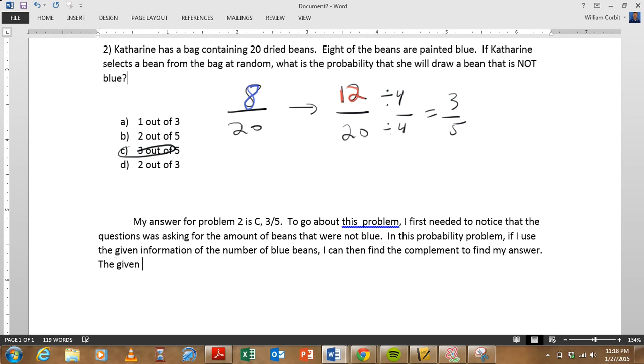The given information was that there is 8 blue beans. So notice that I'm going to be using the specifics of the problem. I'm actually saying how many blue beans there are. Therefore, my desired outcome, or numerator, will be 8.